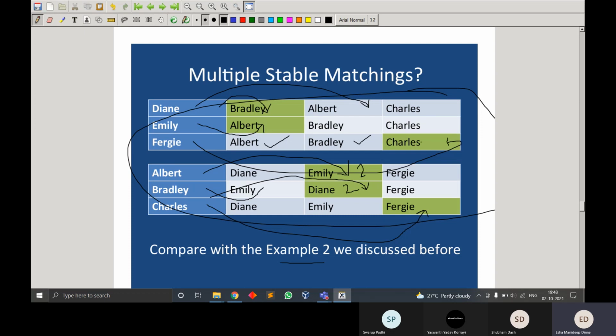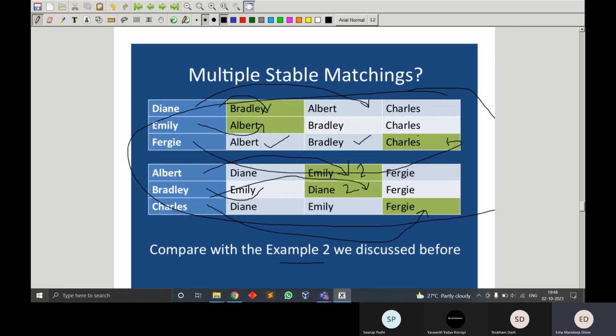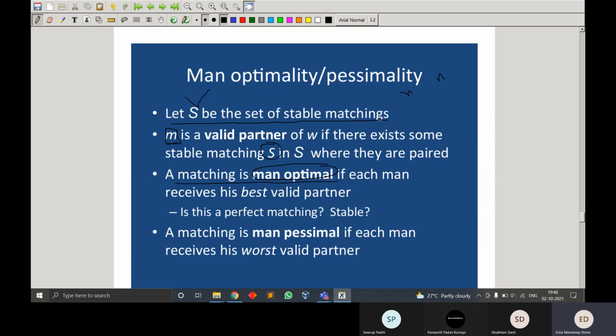The only valid person she can match to is Charles, so he is the person with the highest preference out of all valid pairs, so he will be her best valid partner. It is not just the best partner; you need to look at the valid partners.